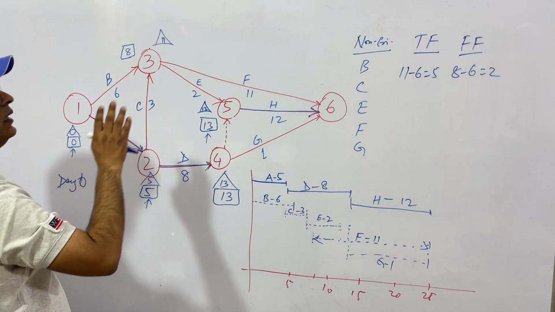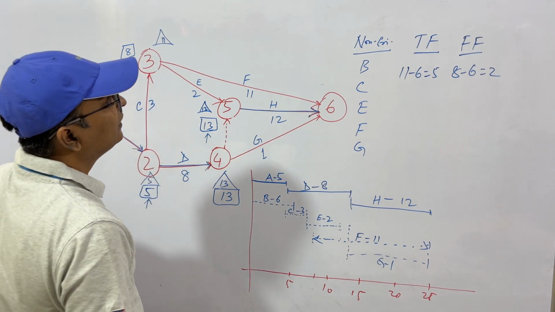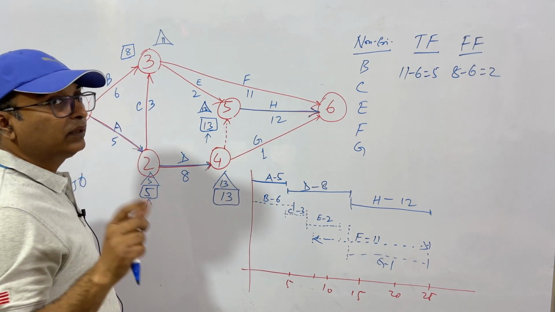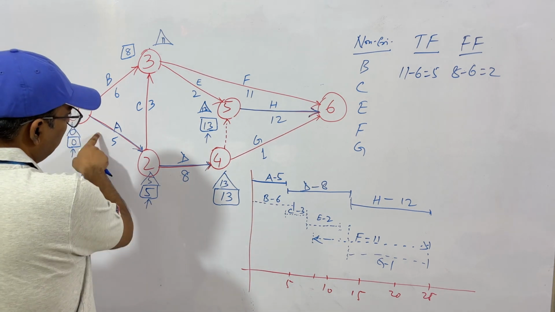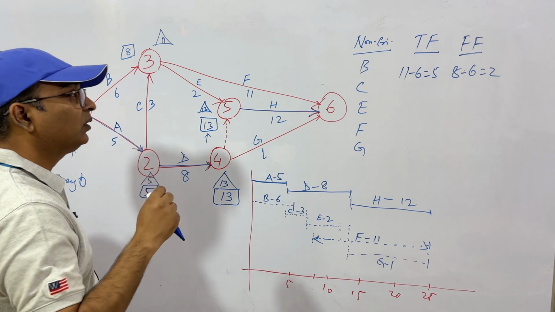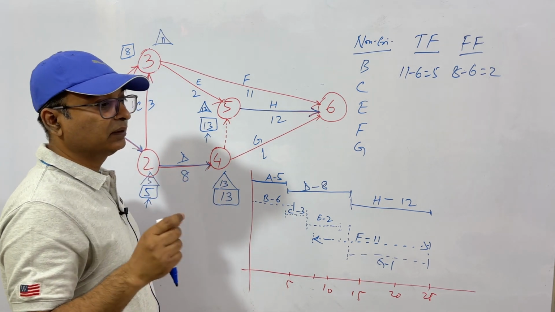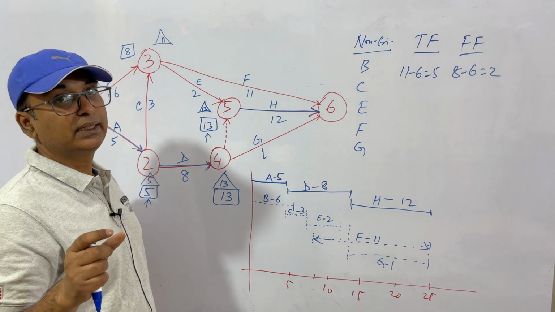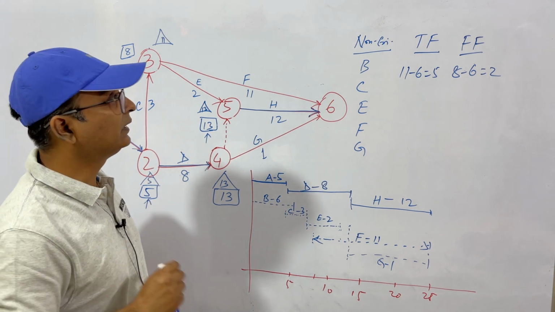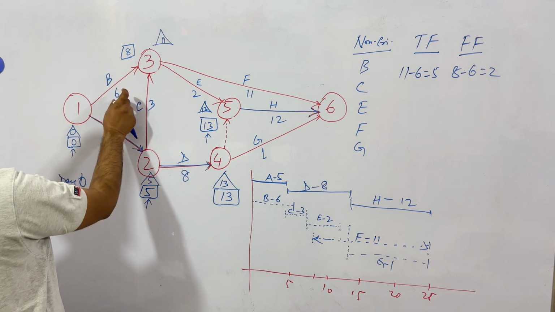That is total float. What is free float? Free float is this minus this. That is, if you don't want to delay your project, you have to see the critical path, you cannot delay it. But even non-critical activities can delay your project if the time taken by a non-critical activity is greater than its free float. Free float is forward pass 1, that is 8 minus 6, 2.